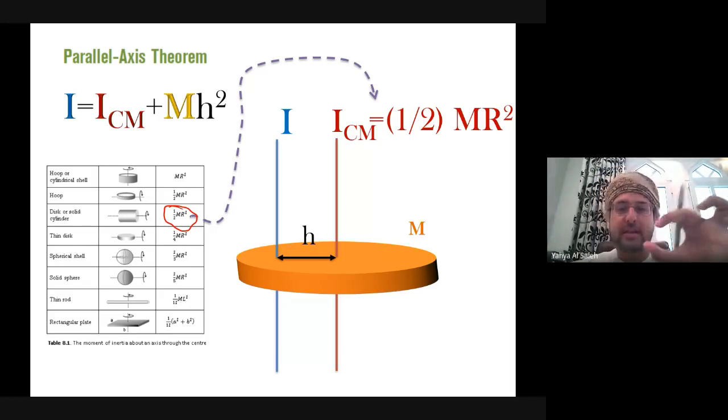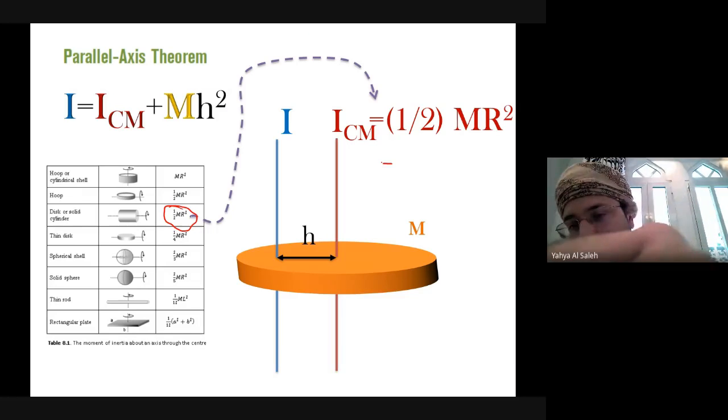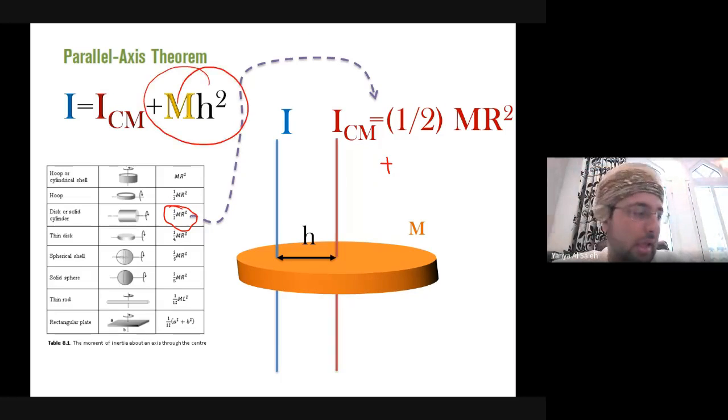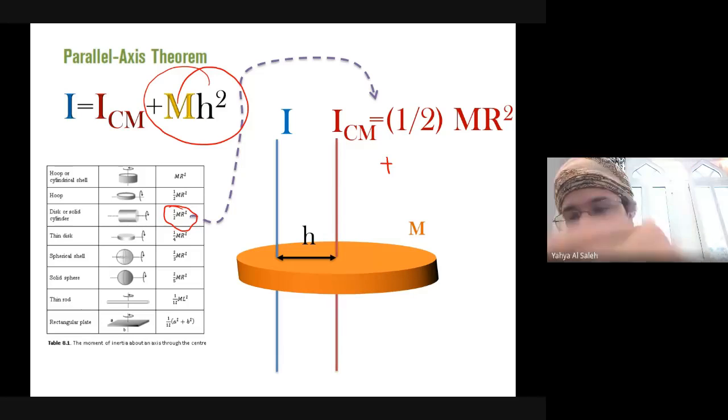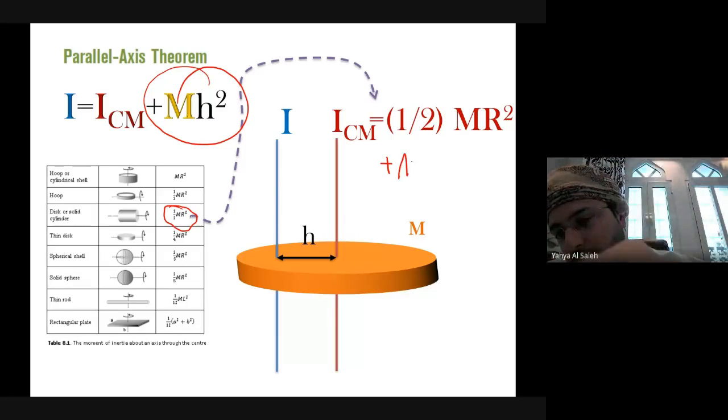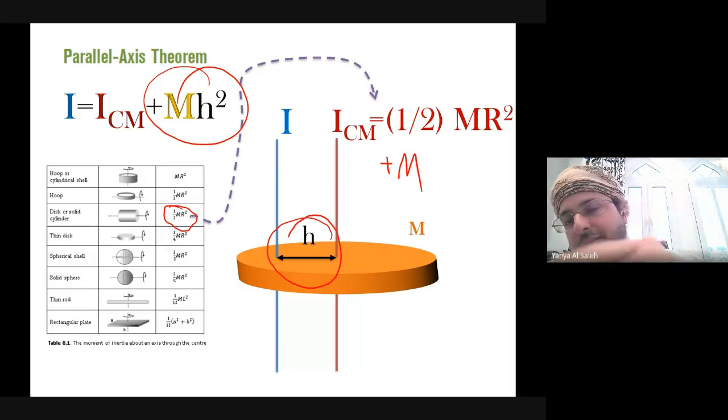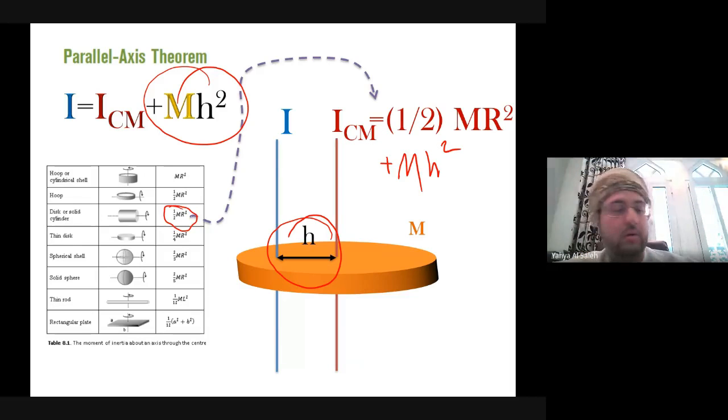We know around the center of mass from the table it's half mr squared. And then I will add to it my total mass and the distance between the two axes squared. And this would be our moment of inertia.